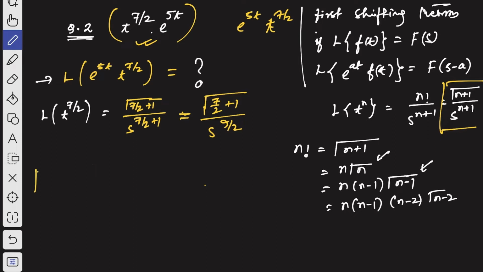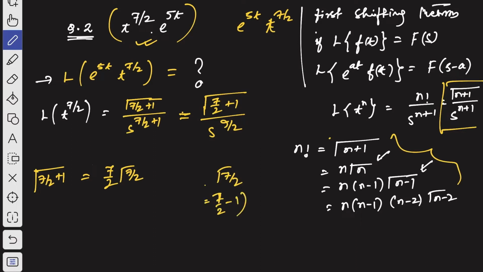Now let us evaluate gamma function of 7 by 2 plus 1. According to these results, we can write 7 by 2 gamma function of 7 by 2. Again, gamma function of 7 by 2 can be written as 7 by 2 minus 1 into gamma function of 7 by 2 minus 1, right?